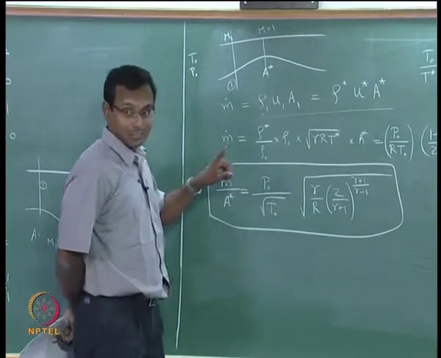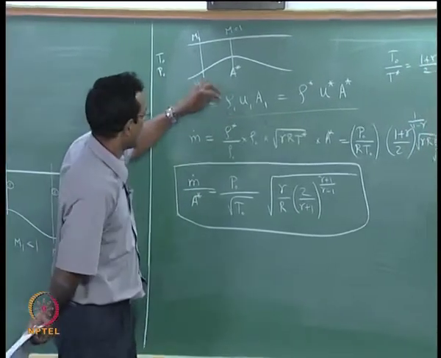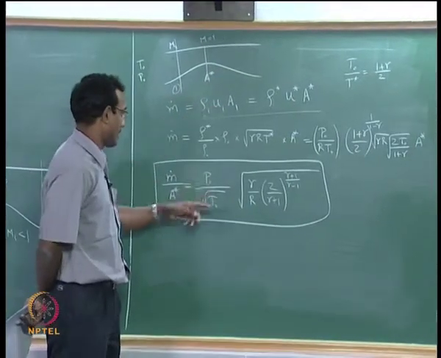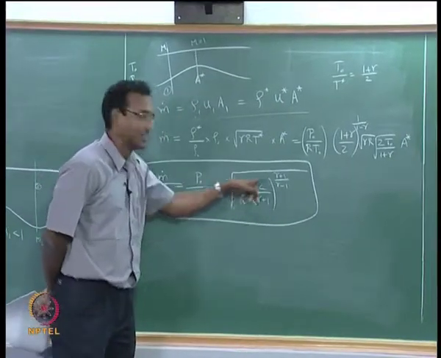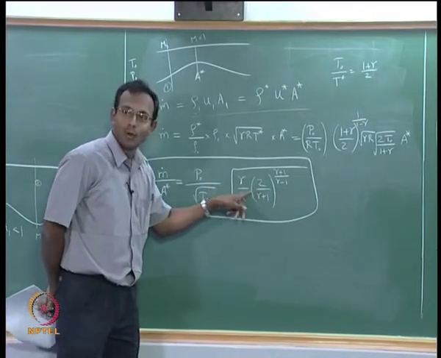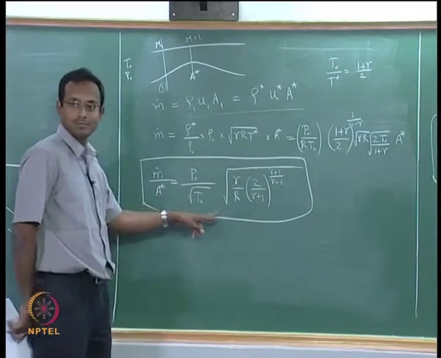I can of course go and do the same kind of derivation for rho 1 u1 A1. Okay. I can do that, and there will be a better expression than this. There will be a 1 by M1 somewhere, and then there will be 1 by 1 plus gamma minus 1 by 2 M square kind of terms sitting inside here. Okay.